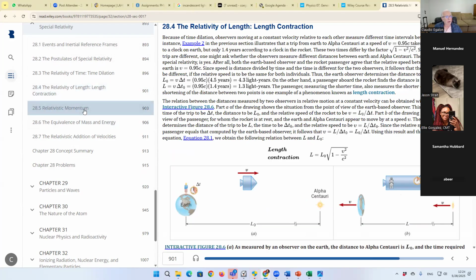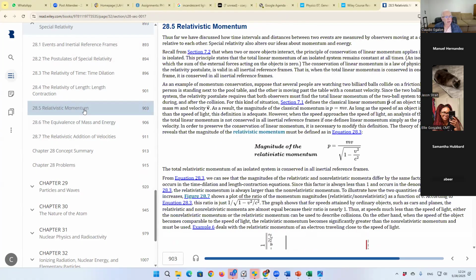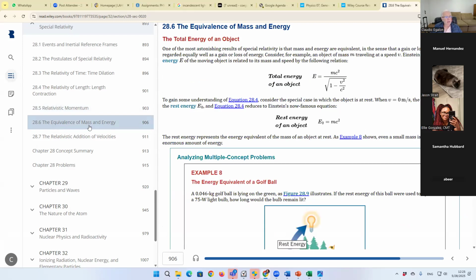Relativistic momentum, what you have to know about relativistic momentum is that you have a gamma factor multiplying the Newtonian momentum. That's gamma mv, right? Where gamma is 1 divided by the square root of 1 minus v squared over c squared. Equivalence of mass and energy was the last thing that we did.